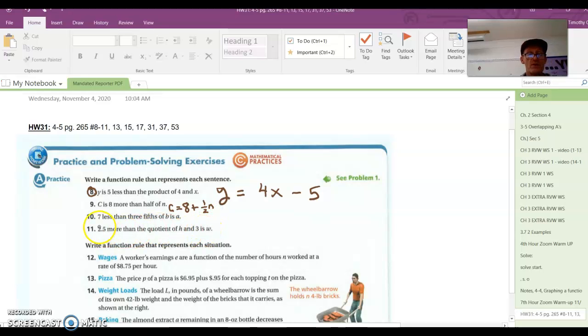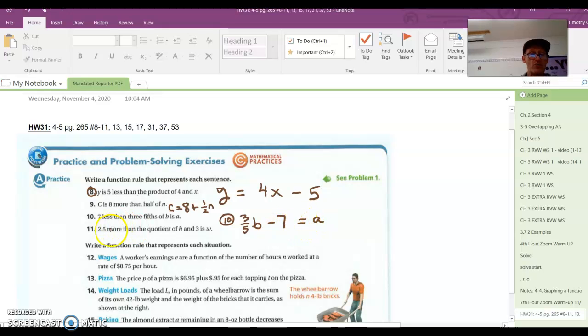10, 7 less than 3/5 of b is a. So 3/5 of b is here. 7 less than that looks like this. This means 7 less than 3/5 of b is a, so we'll write equals a.